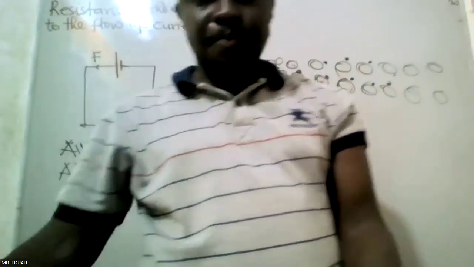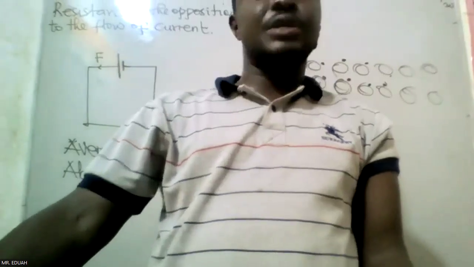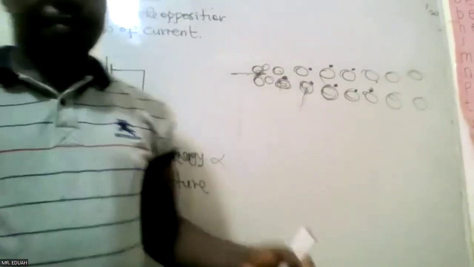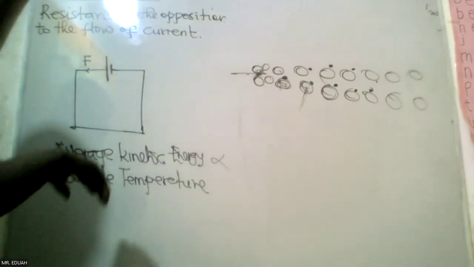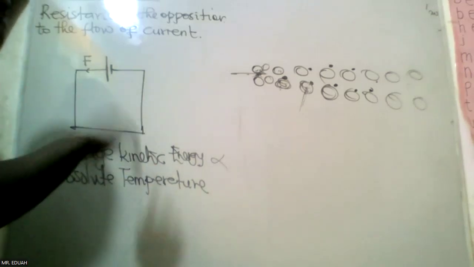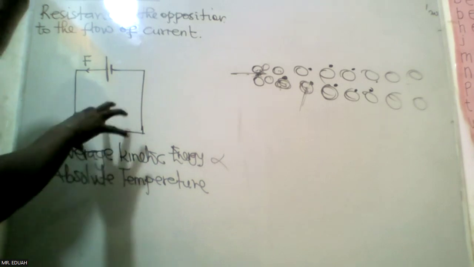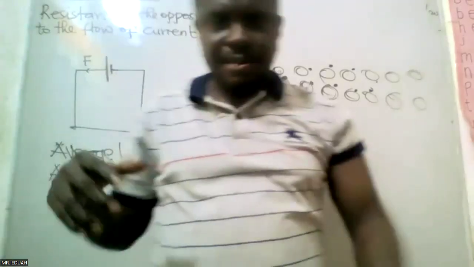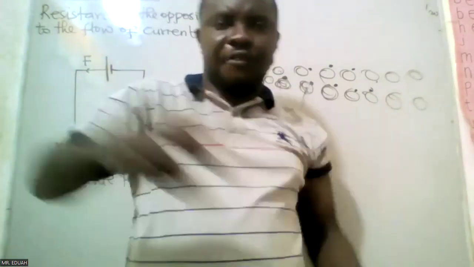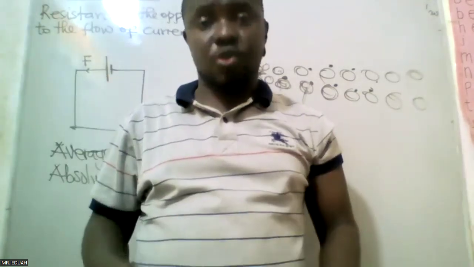Okay, so resistance in a circuit is actually caused by the fact that when the field is introduced, there's a vibration of the atoms, or the particles of the conductor. And these vibrating particles knock off free-flowing electrons.